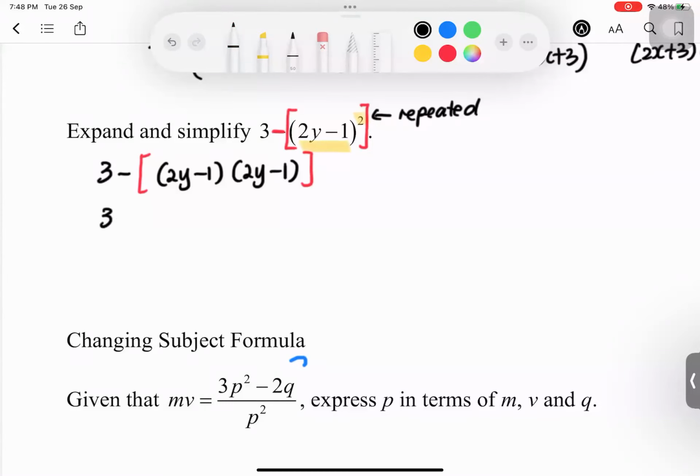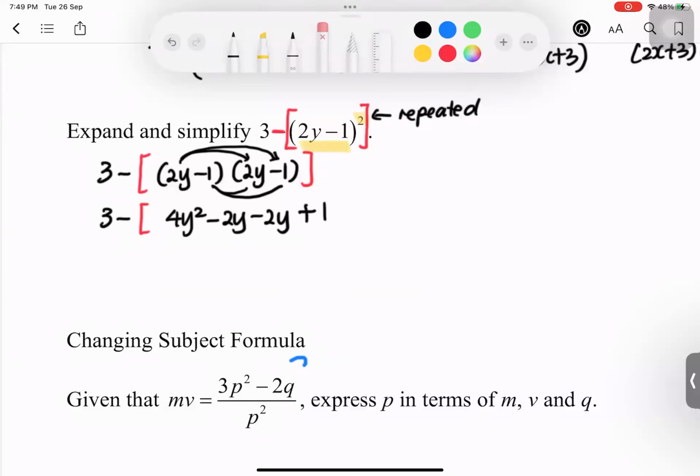Then I still keep my square bracket. It will become 2y times 2y, 4y squared, 2y times negative 1, negative 2y, minus 2y. Negative 1 times negative 1, negative times negative become positive 1.